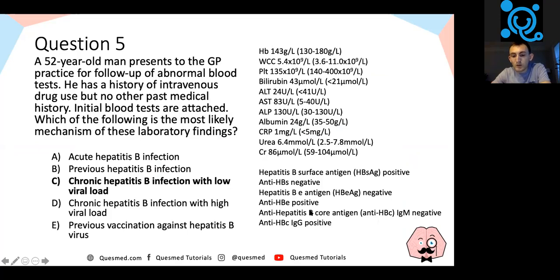So your core antibody IgM would be positive in acute infection, and your IgG wouldn't necessarily be positive in acute infection. So if your IgM is positive, it implies much more of an acute infection. If your IgG is positive, it implies chronic infection or past infection.